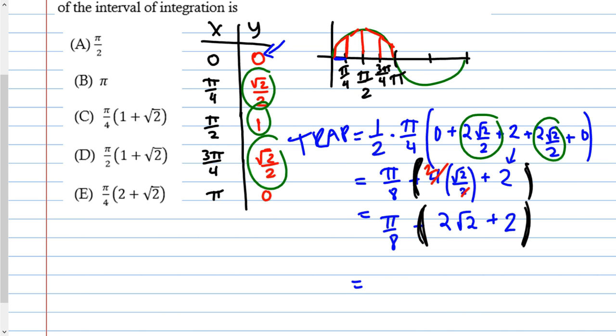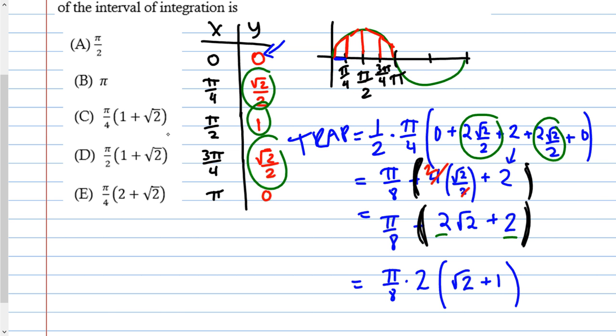Now this would be a good answer. If I look at the multiple choice answers, none of them look like this, which means they probably simplified something. I see that there aren't any 2 square roots of 2, and that's probably because this 2 and that 2 can be factored out. So now I have pi over 8 times 2, because I'm factoring out these 2's. Factoring them out leaves behind a square root of 2 plus a 1.